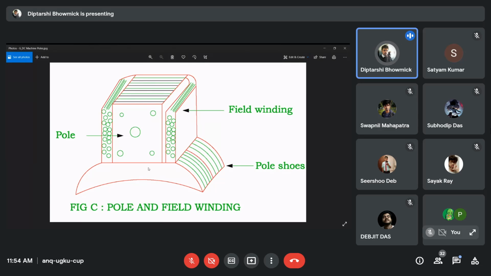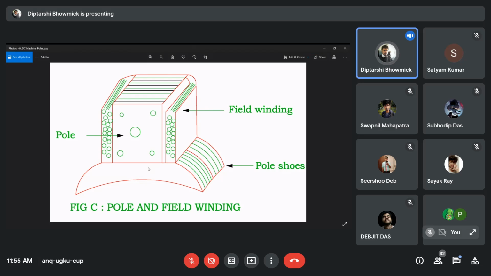Bevel means something which is more prominent than others. Whenever you use Microsoft Word or Microsoft PowerPoint, you can design your writing or your picture in different ways. There you can find an option where there is a bevel.